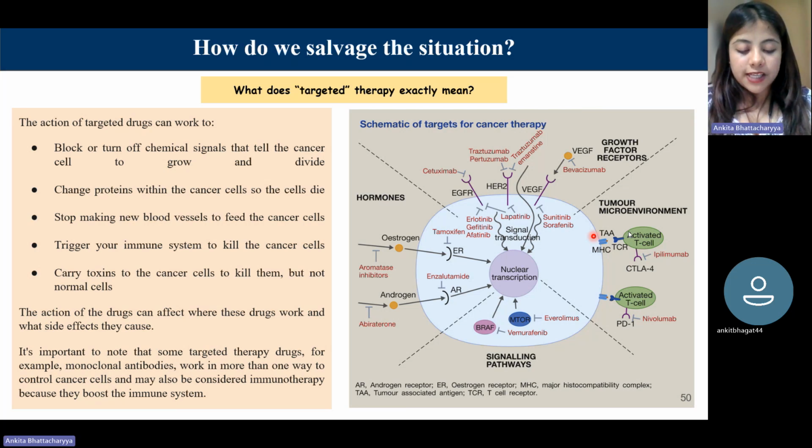So basically, the efficacy of the drug can depend upon what type of tumor it is, how abundant it is, and what percentage of the drug is actually able to enter the cell.